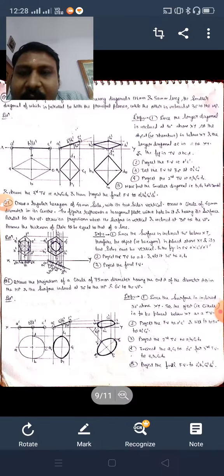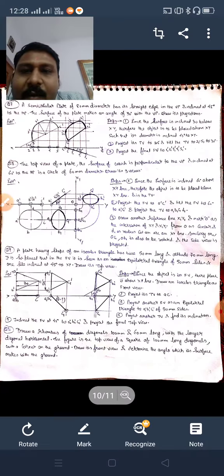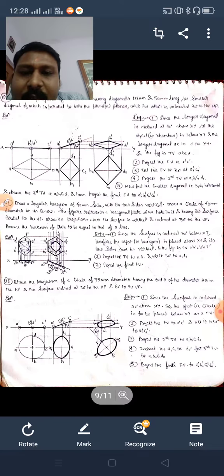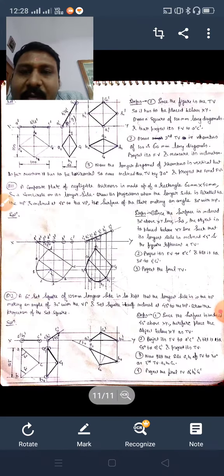Similarly, question number 5 also you have to do like this only. No, 5 is also not there. Question number 11. See, question number 11 is also a similar type of question. What is written here? A composite plate of negligible thickness is made up of a rectangle 60 by 40 and a semicircle on its longer side.